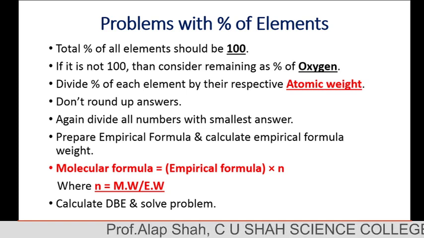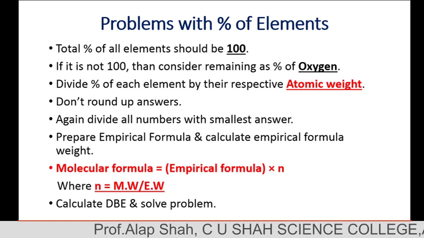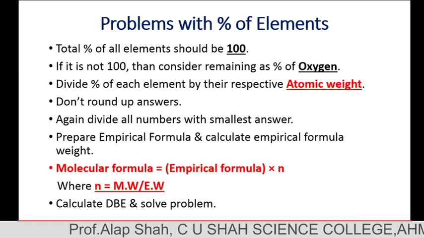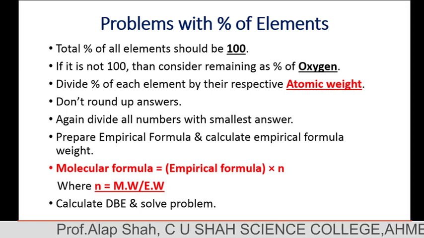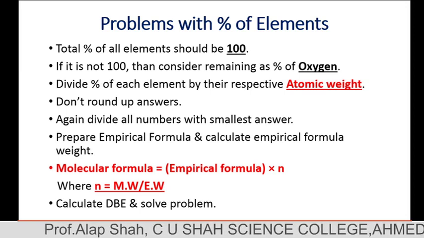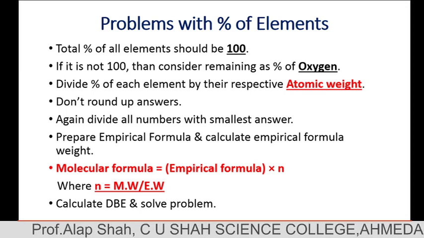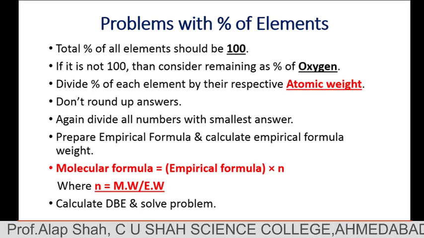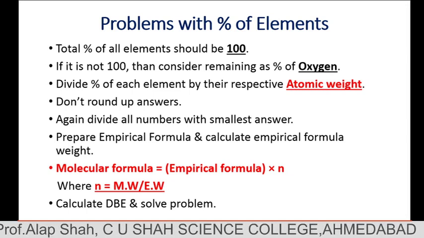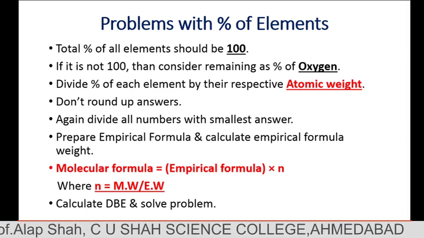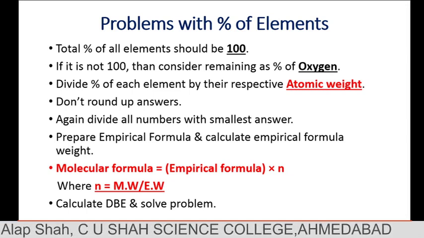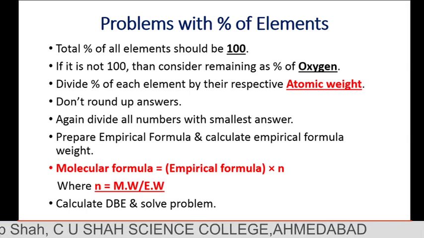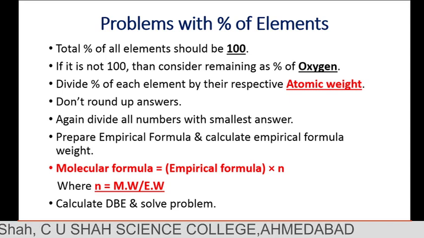Friends, one has to be very careful here: you have to divide by the atomic weight, not the atomic number. Second, whatever answer you get when you divide by the atomic weight, don't round it up. Suppose you get 5.25, don't consider it 5 or 6, but keep it as it is. Now again divide all the numbers by the smallest answer which you got.